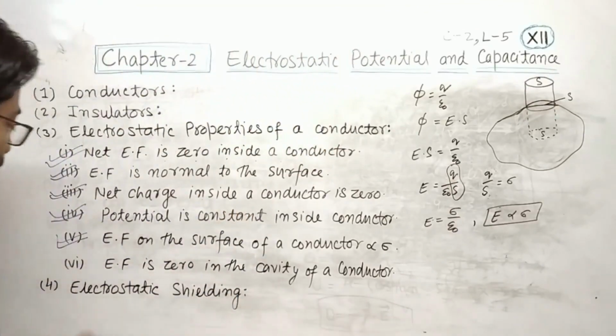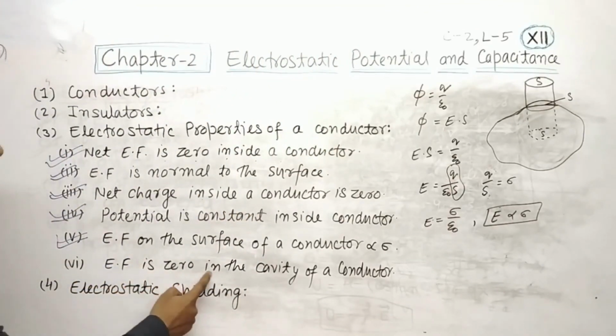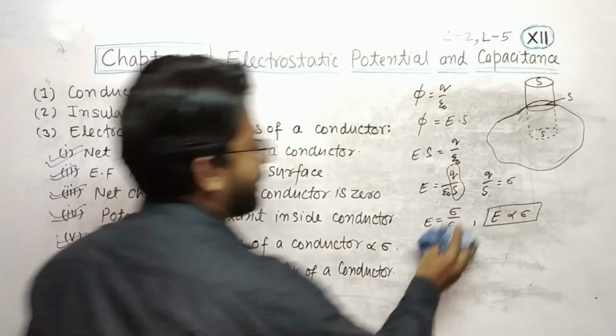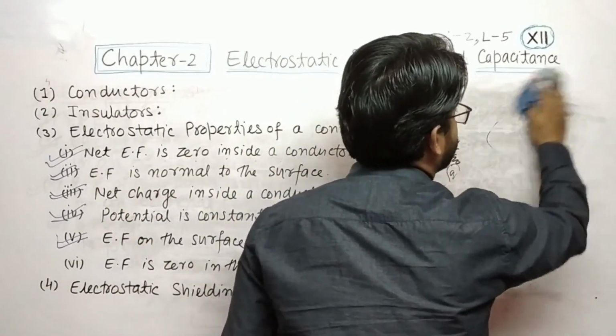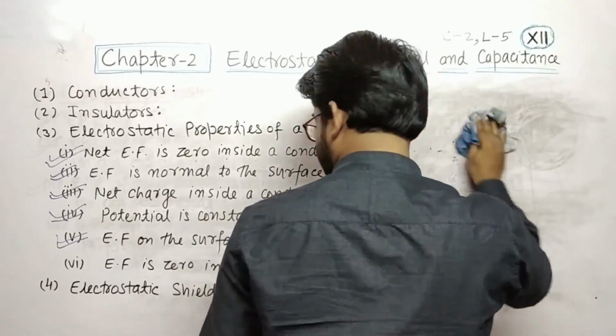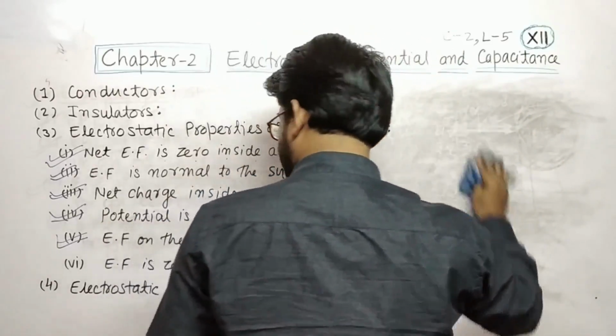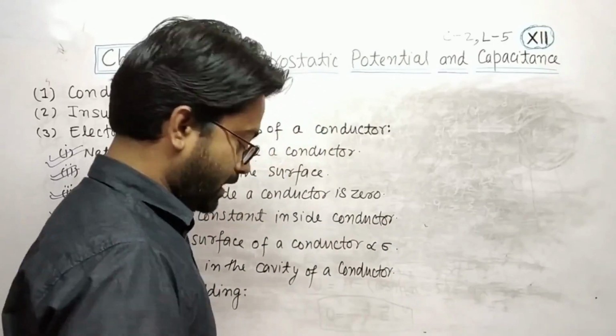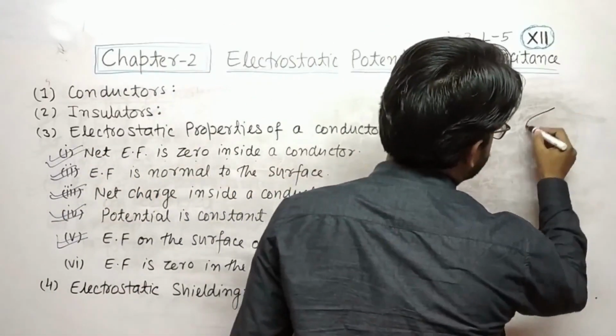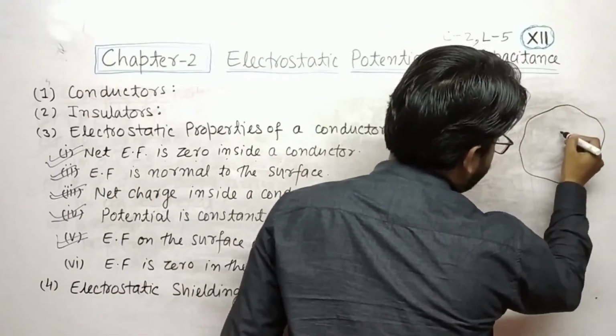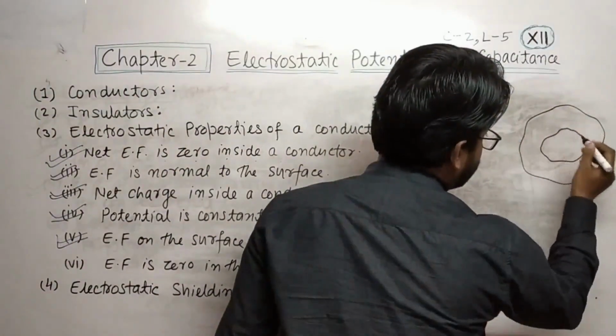Last point is that electric field is 0 in the cavity of a conductor. In the cavity of the conductor, net electric field is 0. Let us suppose this is the conductor and this is the cavity of the conductor.